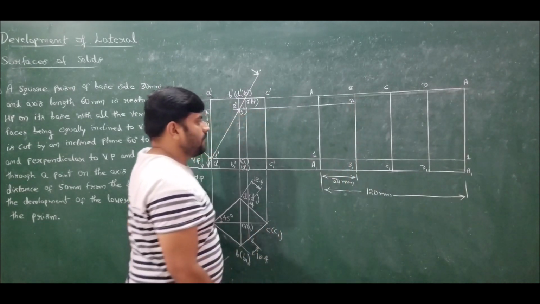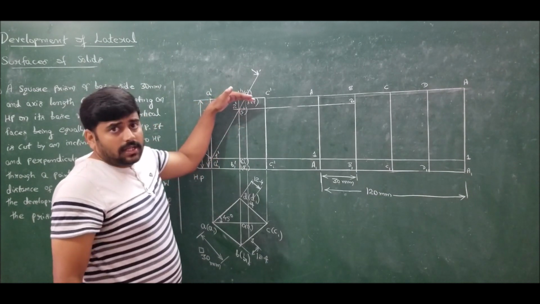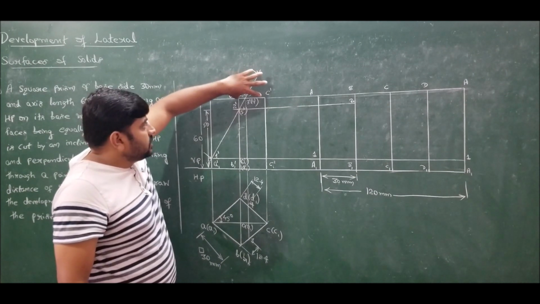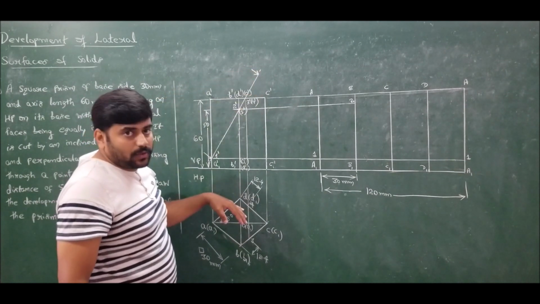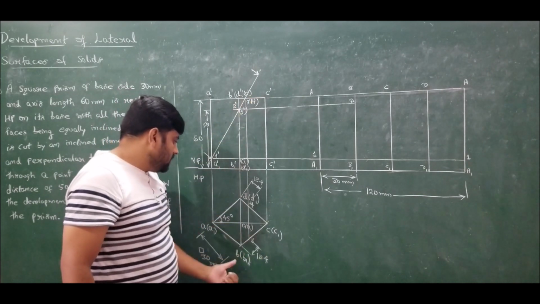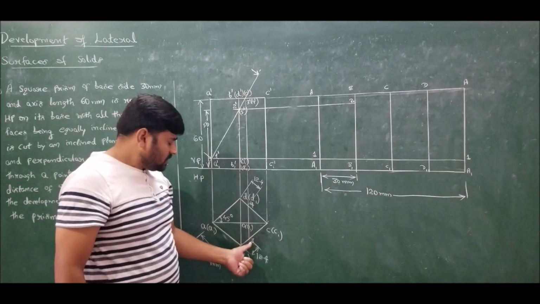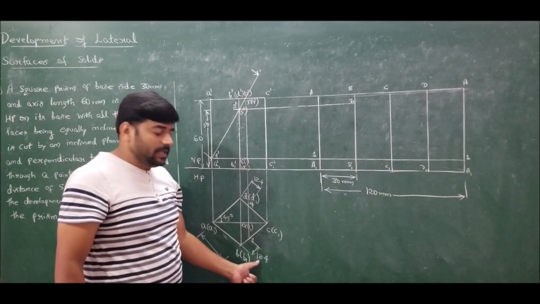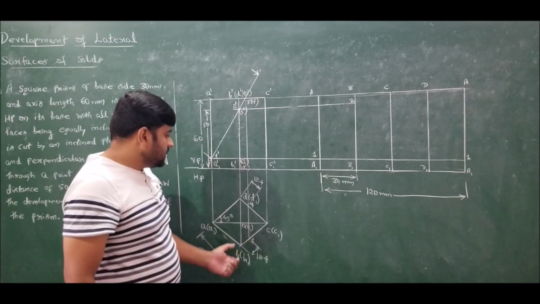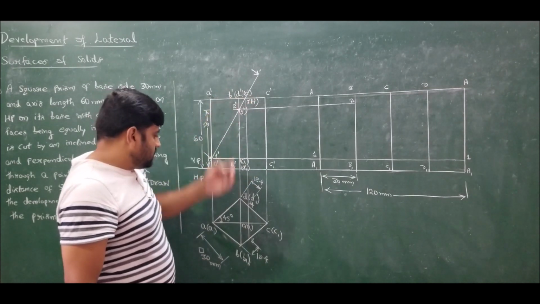I got point 2. Next point 3 is on a horizontal line, that is on the shorter edge. Whenever you have cutting on the shorter edge, it should be measured from the top view, correct? So this is for B to C, at a distance of 12.4 millimeters from B. Between B to C I should mark whether it is at the bottom face or apex face. It is at the apex face.